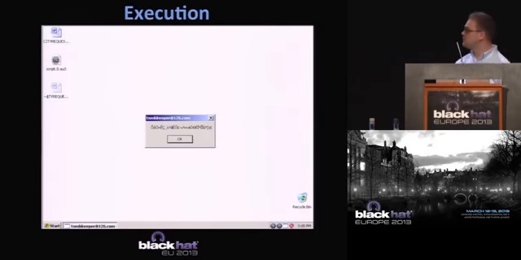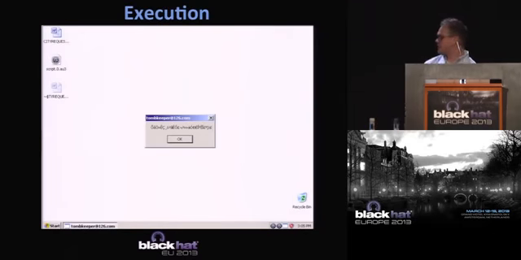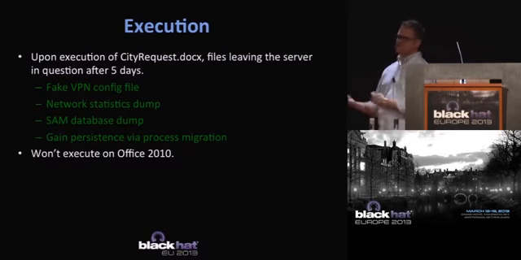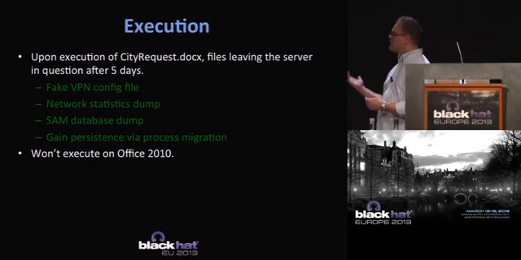In the execution of the malware, you're going to see an email address, tombkeeper@126.com, with some fairly generic characters there. Once I executed CityRequest.doc, files started leaving the server in question after 5 days. So it took 5 days for this to be executed and for them to realize that there was activity happening.